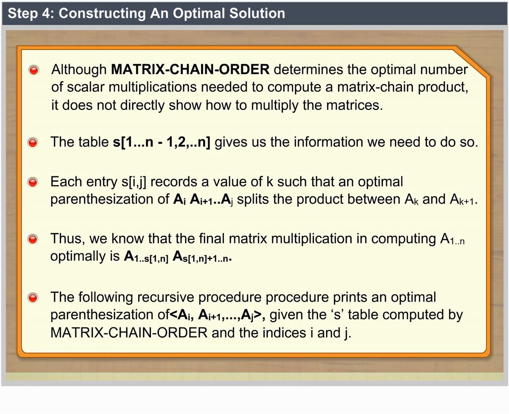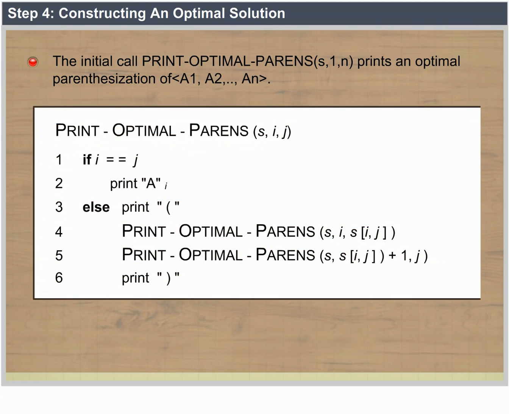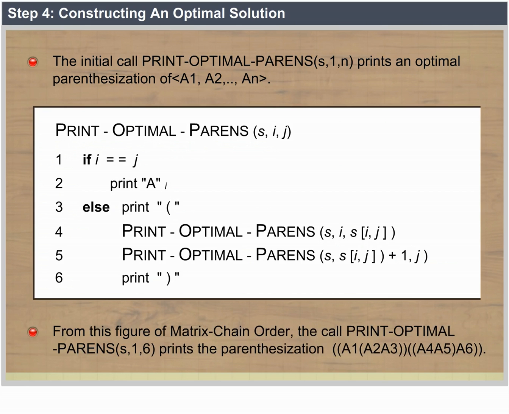The initial call Print-Optimal-Parens(s, 1, n) prints an optimal parenthesization of A1, A2 up to An. The Print-Optimal-Parens procedure is shown in this figure. From this figure of Matrix-Chain-Order, the call Print-Optimal-Parens(s, 1, 6) prints the parenthesization (A1 (A2 A3)) ((A4 A5) A6).